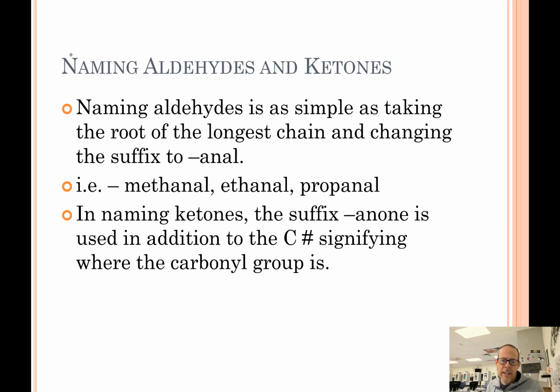So -one, just like -al was an aldehyde. And just like we've been doing, wherever that carbonyl is, wherever that C double bonded O is, we'll use a number to tell us where it is on the chain because now it's somewhere in the middle. So in naming ketones, the suffix -one is used in addition to the carbon number, signifying where the carbonyl is attached.